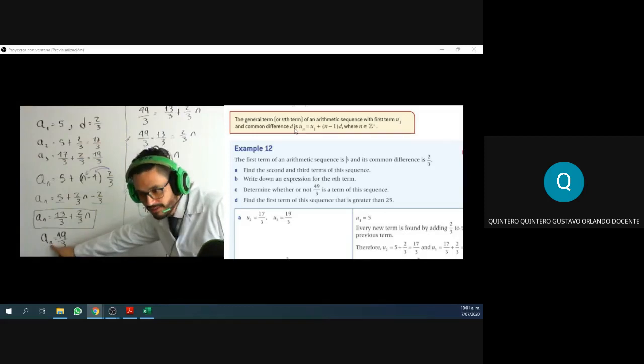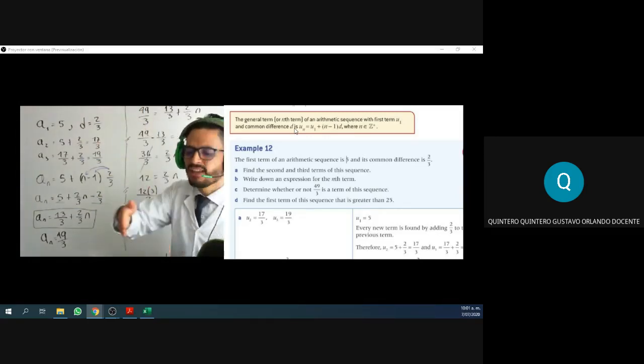The 2 was multiplying, so I pass it to divide. Put this inside a calculator, and you're going to get that this is 18. Right? 18? Thank you, Paul. In other words, the number 49 over 3 appears in our sequence in position 18. Remember, the little n in here means the position in the sequence. And n is 18. So 49 over 3 is the number in the 18th position.